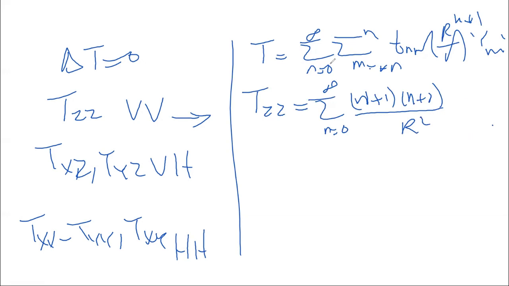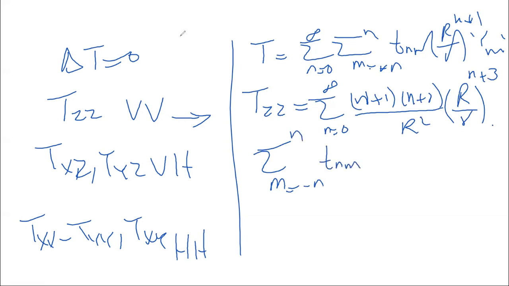R2 r over r n plus 3 summation m minus n t and m Y and m, or I can write z1 and m. Both are correct.